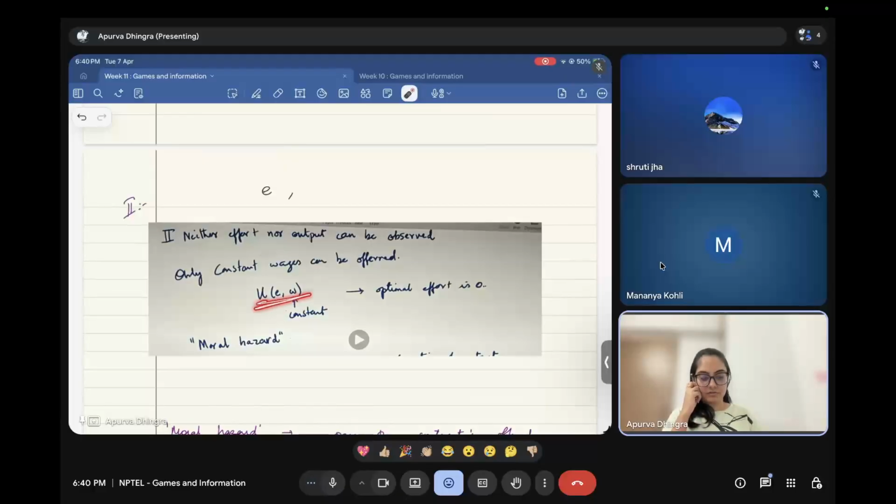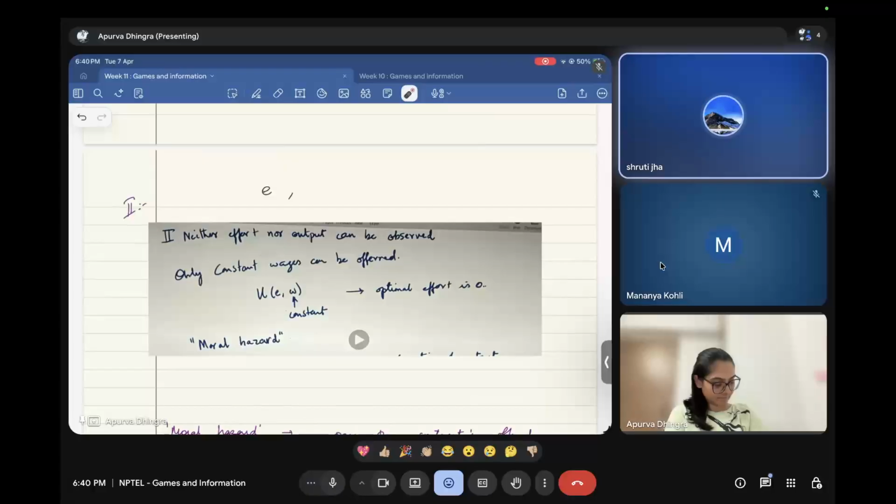So what is the optimal thing to do here for the agent? The optimal effort would be zero in this case. I will do the minimum effort required to reach as much utility as possible. Exactly.